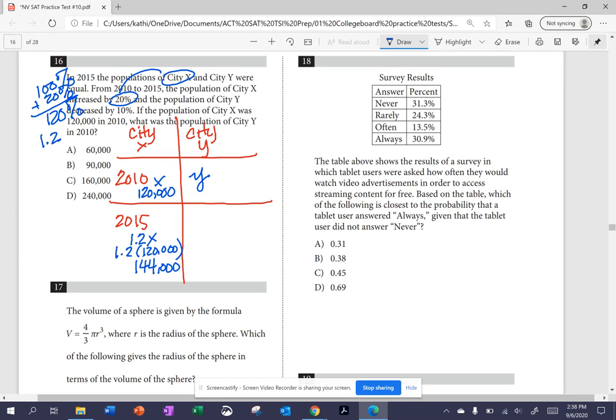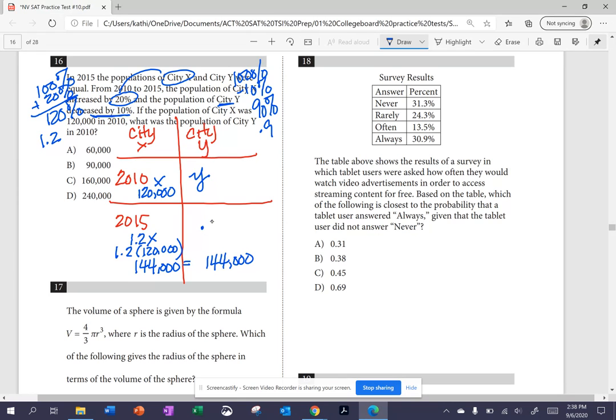So next it says city Y equals city X's population in 2015. So city Y's population is 144,000. And it says that city Y's population decreased by 10%. So this is going to be 100% minus 10%. So they're at 90%, which is 0.9.